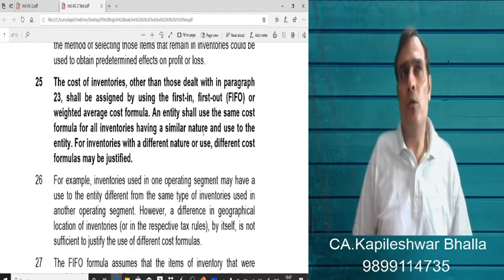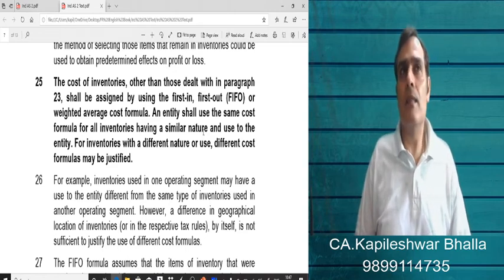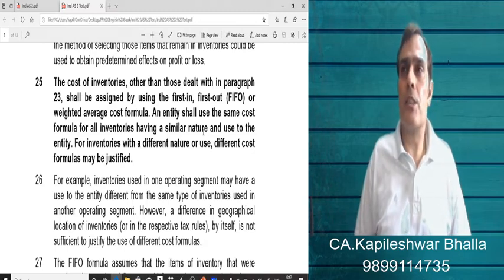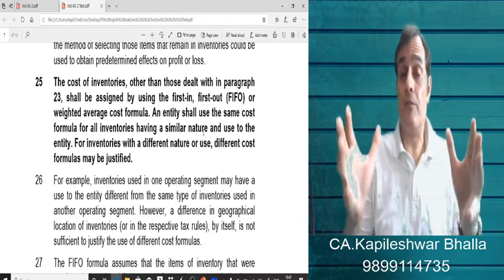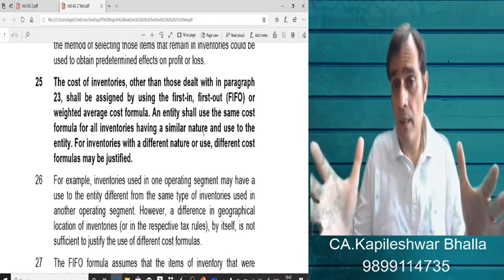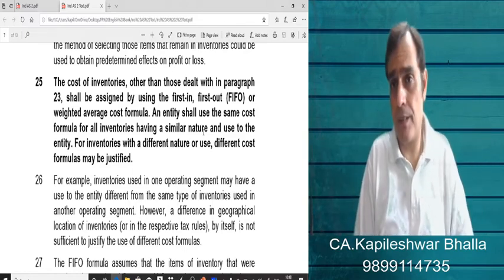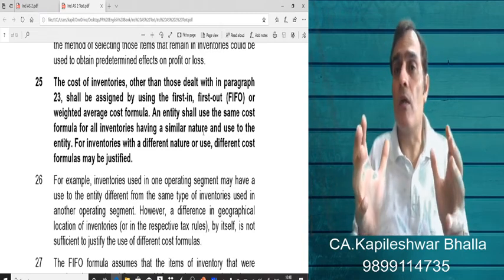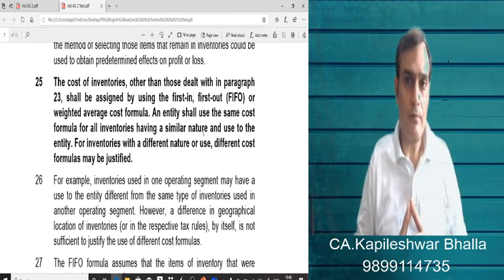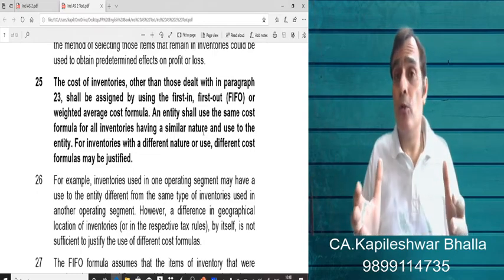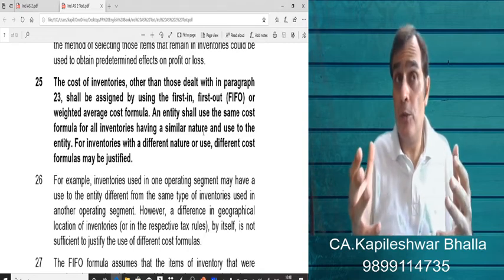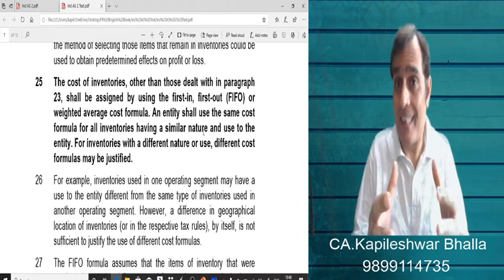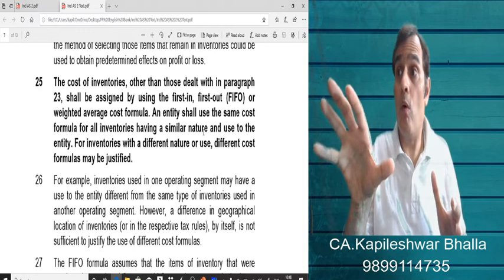Many a times if you go to, for example, a departmental store, you would see that there are various kinds of products. Like biscuits, there might be 10 brands of biscuits. In this case, you can say that these are inventories which are ordinarily interchangeable. Now if you go to a jeweler, people would select a jewelry set and say, I want this jewelry set.